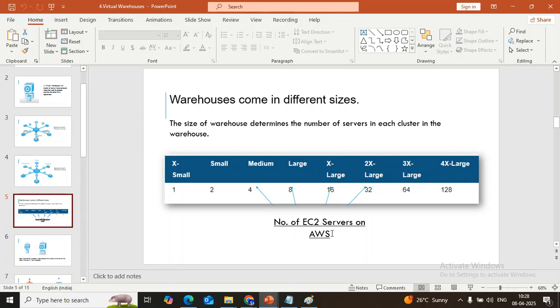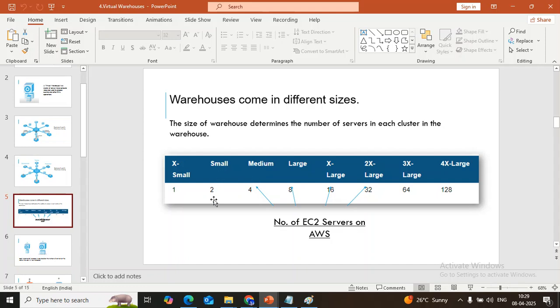As I mentioned on the first day, Snowflake doesn't have its own infrastructure. It is hosted on one of three cloud providers: AWS, GCP, or Azure. Whichever you choose, the infrastructure is built on that.